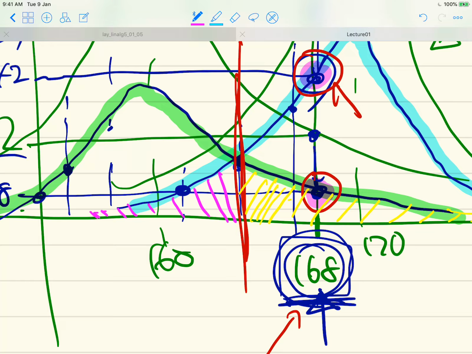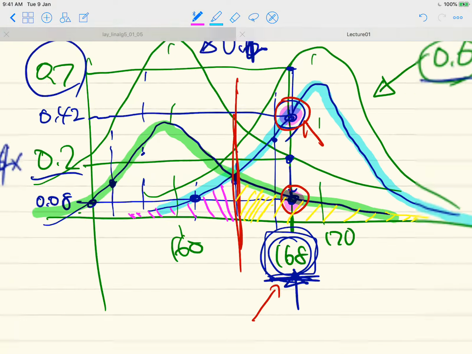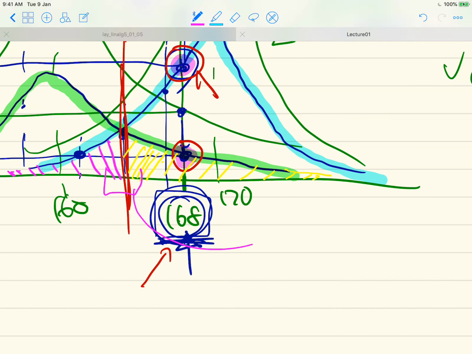Okay? So summing these two up, the summation of these two probabilities will be our classification error rate. Okay, so suppose the summation between the two is like 8% in total.